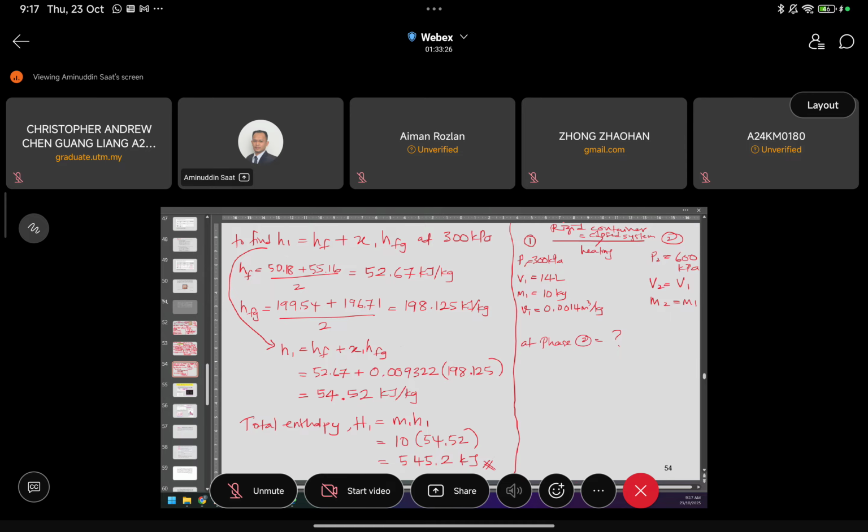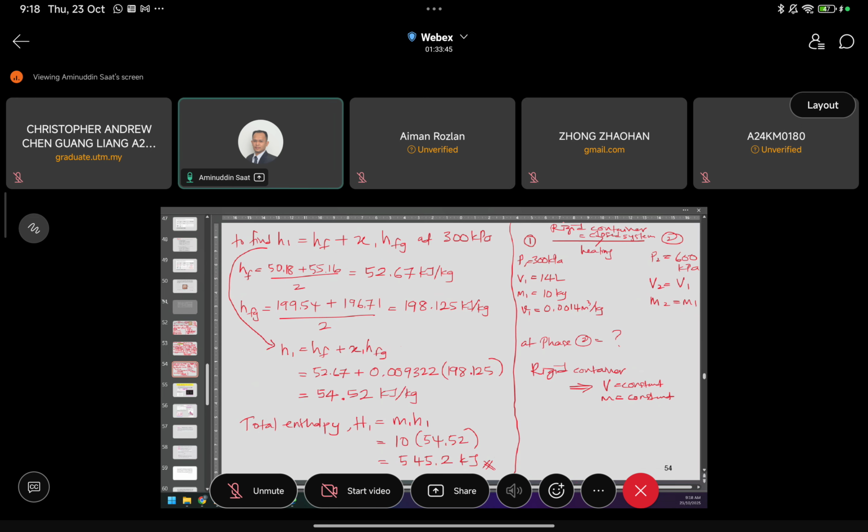Okay. So normally for the rigid container, the volume is constant and M is also constant.